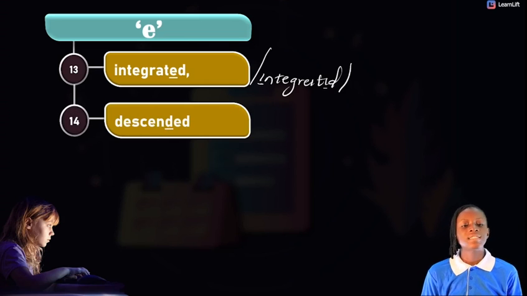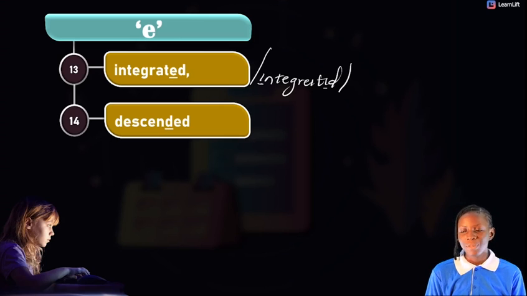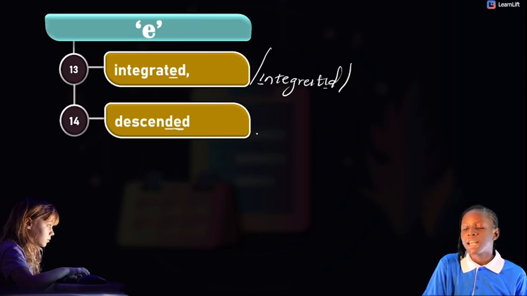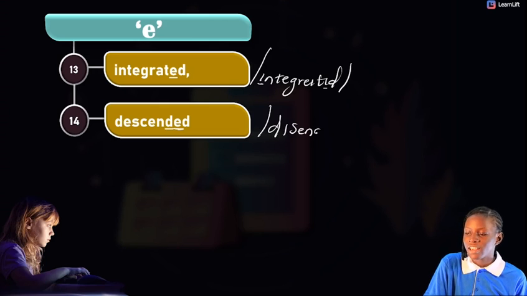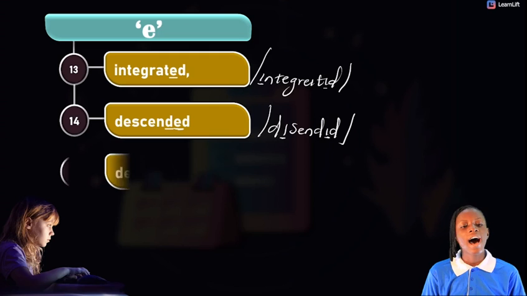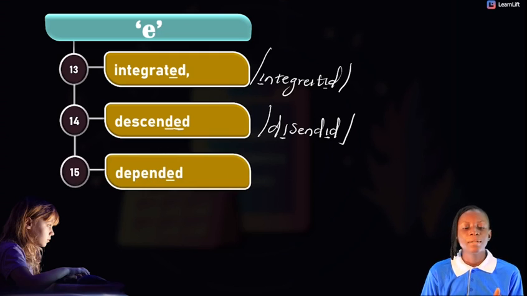Next I have my descended. Now this is a mistake. We have our line here. Descended. Now my descended is transcribed as this. Descended, having our E sound here. Okay, next we have depended.